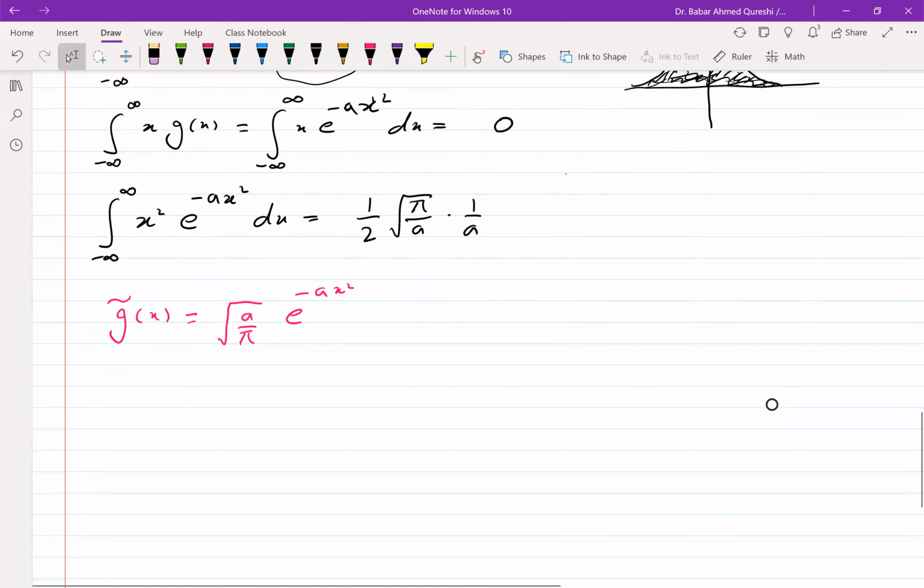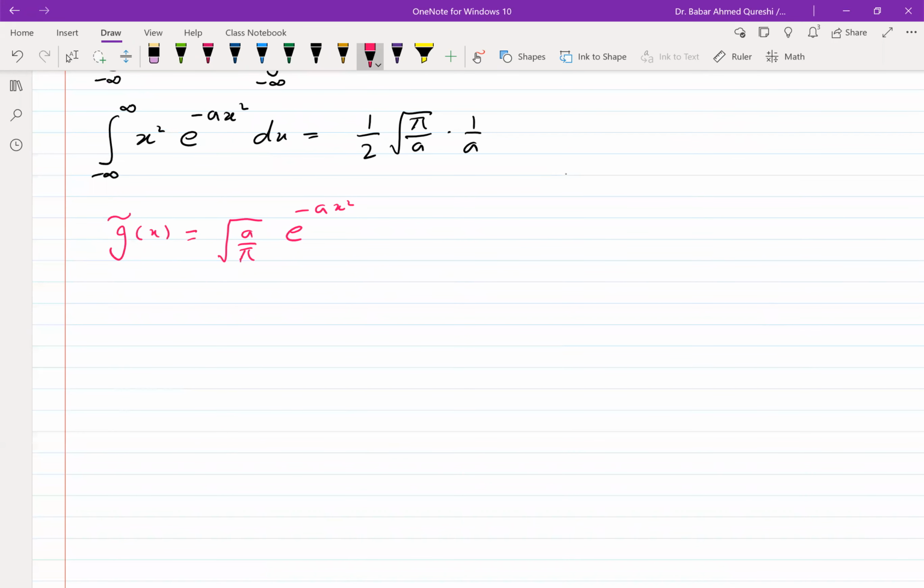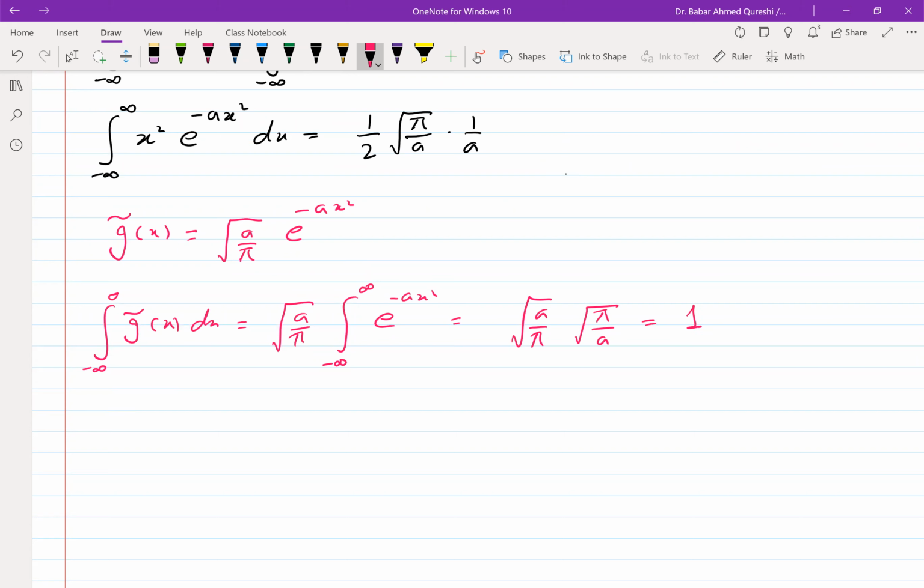Now when I find the area under this, because in the integral the constants come out, I know this area was root pi over a, so they will cancel and I'll get 1.